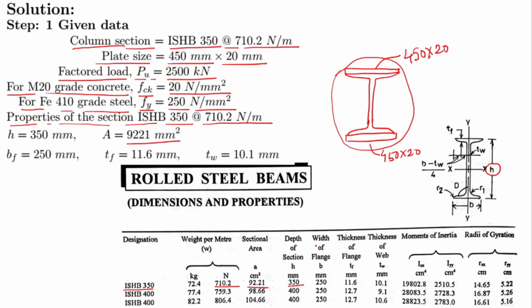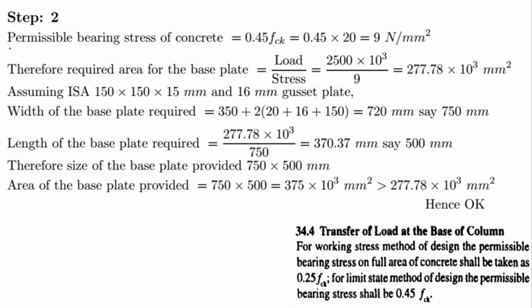The breadth of the flange, denoted by bf, is 250 mm. The thickness of flange is 11.6 mm. The thickness of web is 10.1 mm.